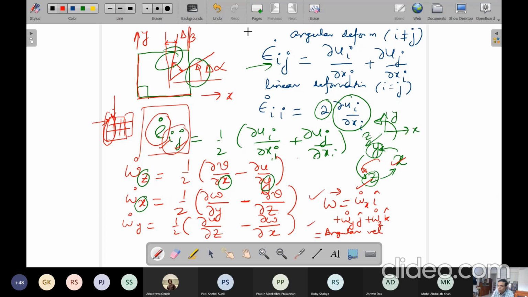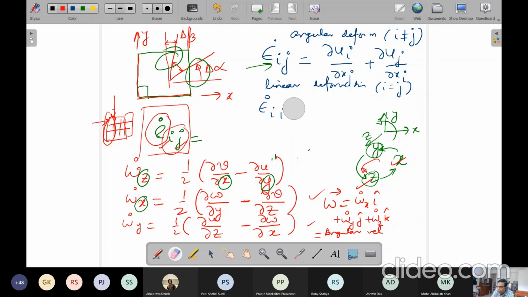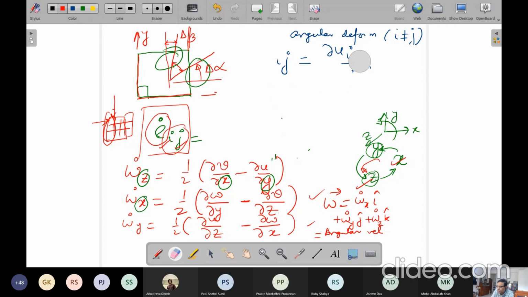Now we can look into it from a different pure mathematical framework, which will make it again independent of the coordinate system. See, so far we have written a description which is dependent on the coordinate system, and every time what we are doing conceptually is we are starting with a coordinate system dependent description to make it visually understandable, conceptually understandable, and we are then trying to make it more generalized and abstract.